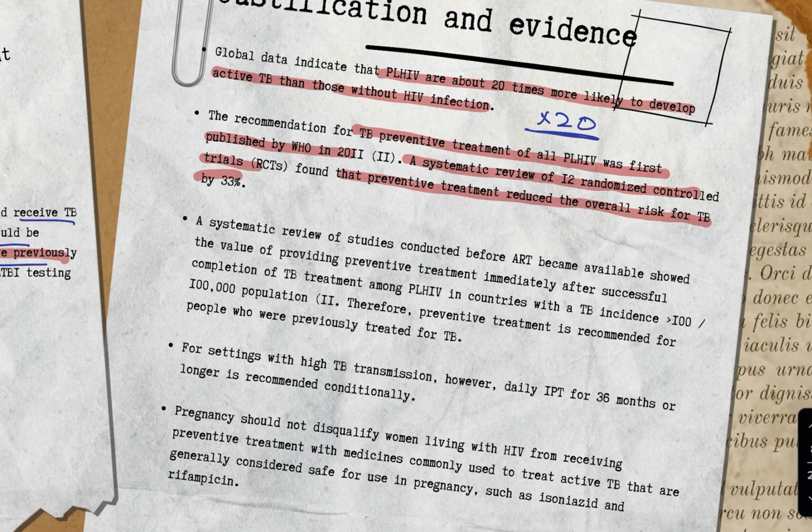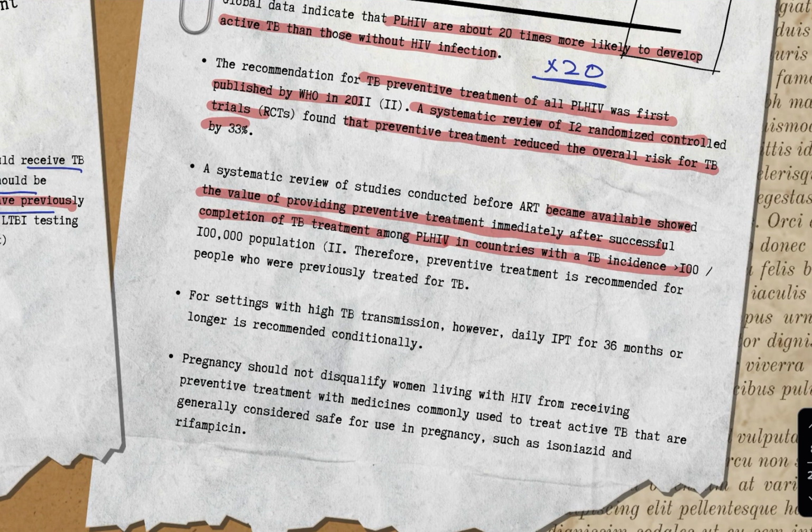A systematic review of studies conducted before ART became available showed the value of providing preventive treatment immediately after successful completion of TB treatment among people living with HIV in countries with a TB incidence of more than 100 per 100,000 population. Therefore, preventive treatment is recommended for people who were previously treated for TB.